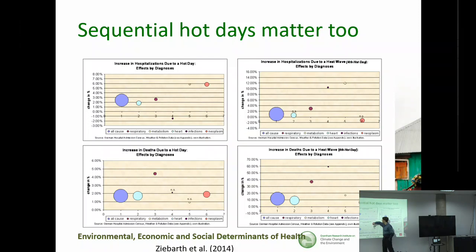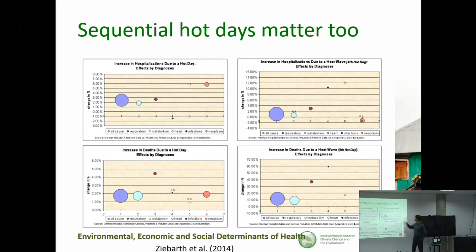For the top part, looking at hospitalizations, after you have a single day of a heat wave, you have increases in respiratory problems, metabolic problems, infections, and neoplasms, but not really for, sorry, I got that wrong. It's infections. Infections are the one that you don't see an increase for.